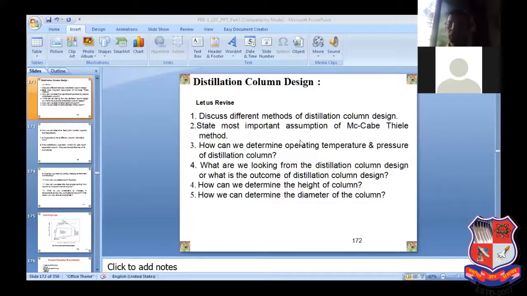If I want vapor and liquid to coexist at 1 atmosphere, the boiling point of nitrogen is around minus 290 degrees, and it is economically not viable to have such a low temperature.